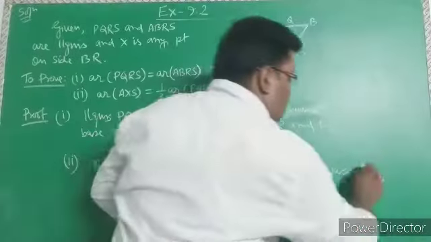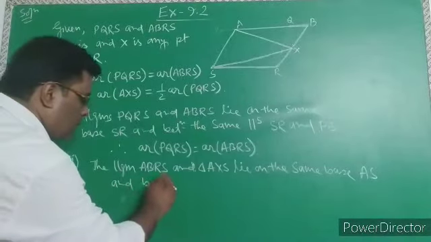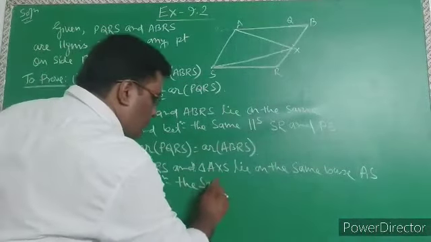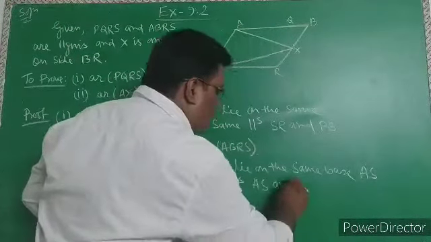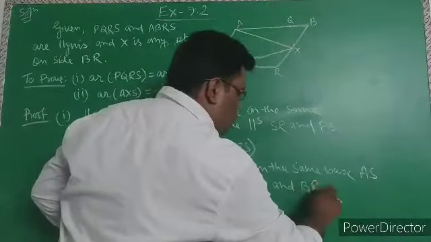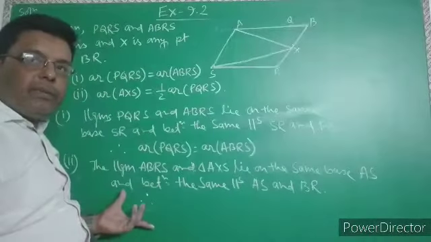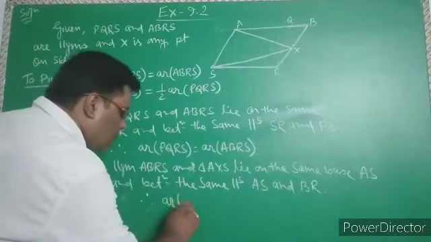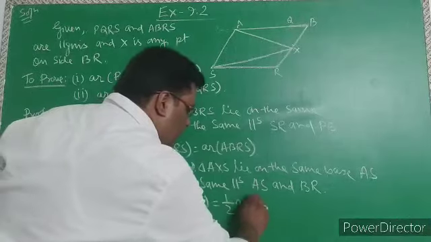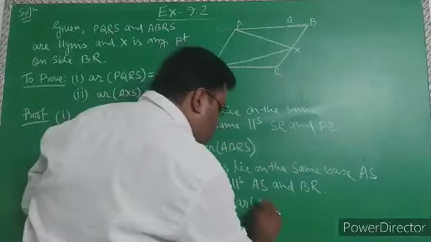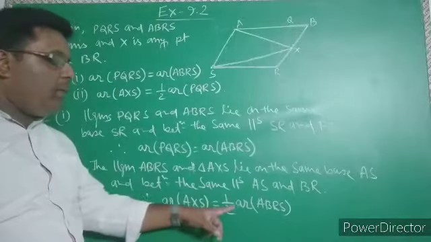AS. And between the same parallels AS and BR. Therefore, by the earlier theorem, area of AXS is equal to half area of ABRS.